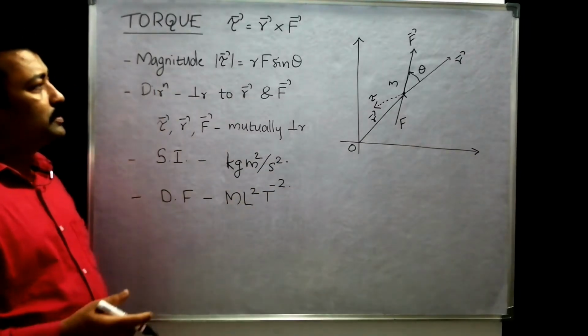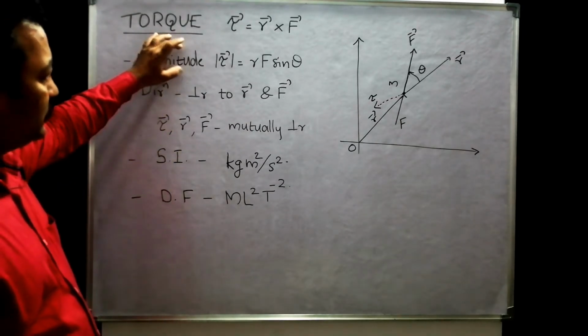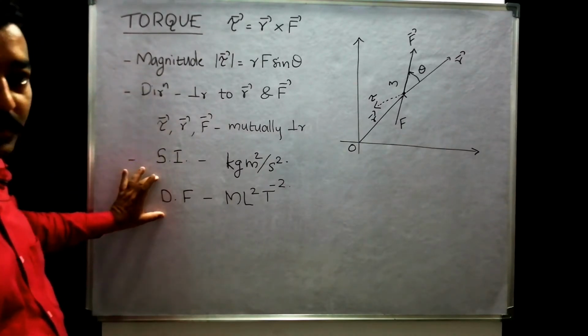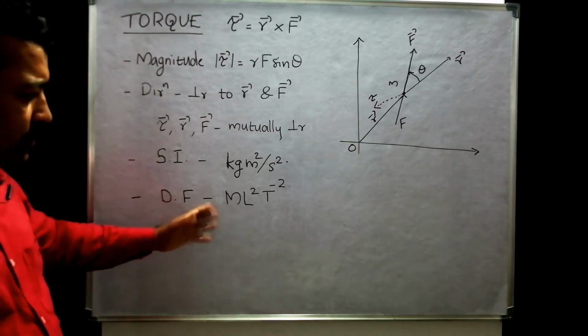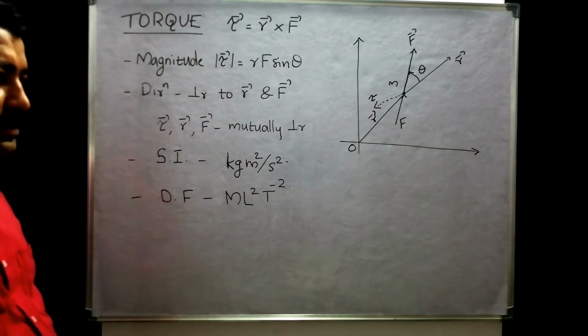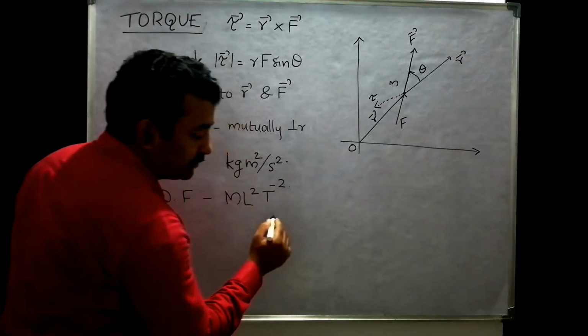That's a very simple way to get the expression for the torque. You have got the magnitude, the direction, the SI unit, and the dimensional form.